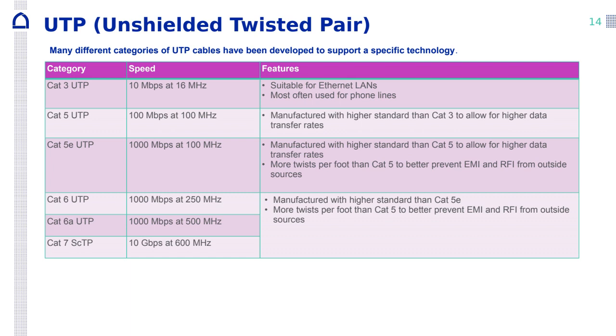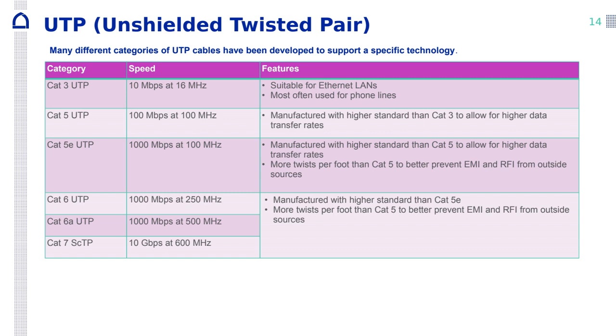But what is more popular? UTP. These are the types of UTP. Category 3 is suitable for Ethernet LANs and mostly used for phone lines.